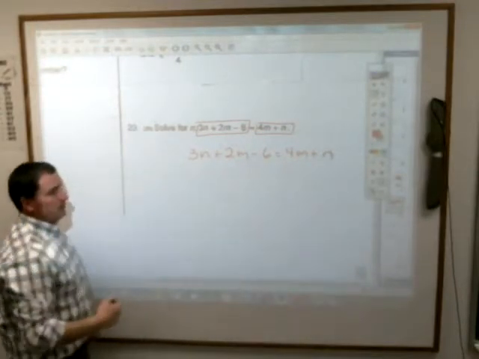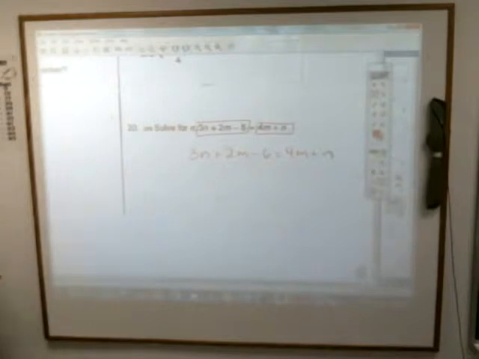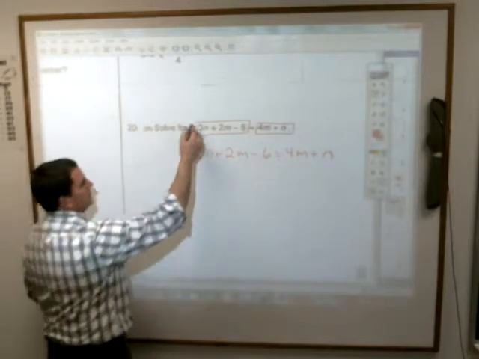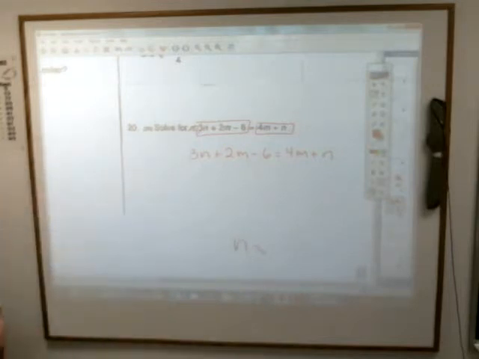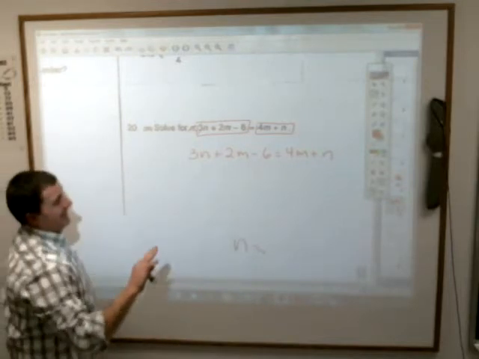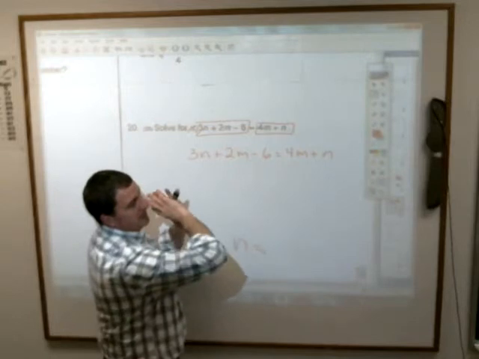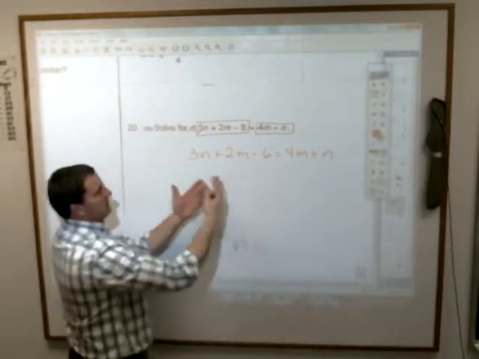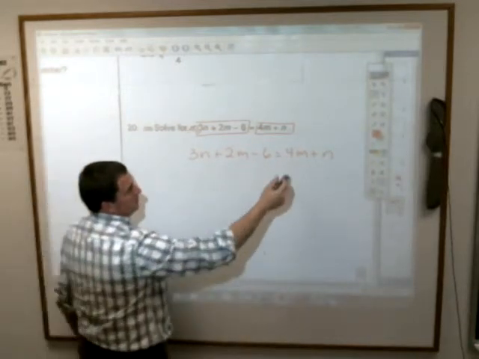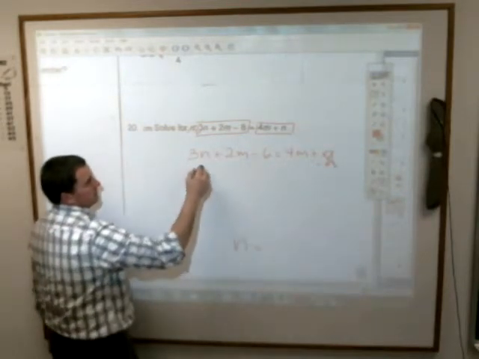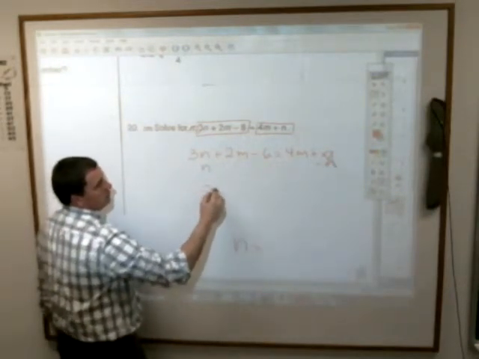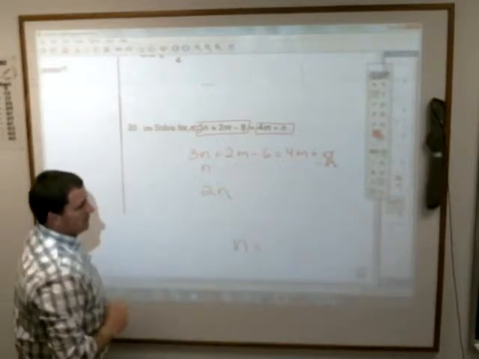And it's the same as if you were solving for any particular thing. You want to solve for n, so you want n to be the only thing on one side of the equation. So your first step is by adding and subtracting, you want to move everything that's not an n to that side, everything that is an n to this side. So I would move, opposite of plus n is subtracting n. I subtract n, I end up with 2 n's. Are you with me?